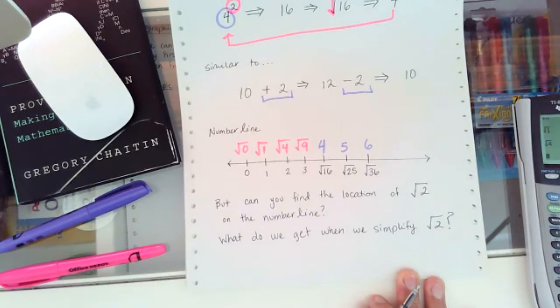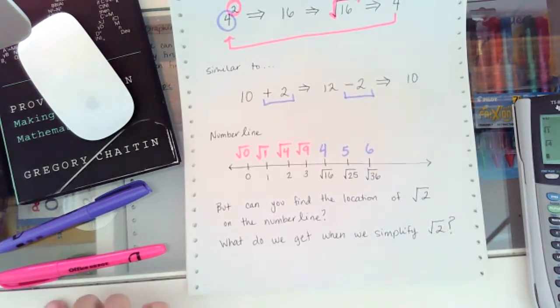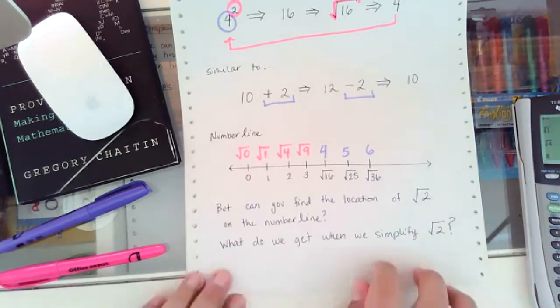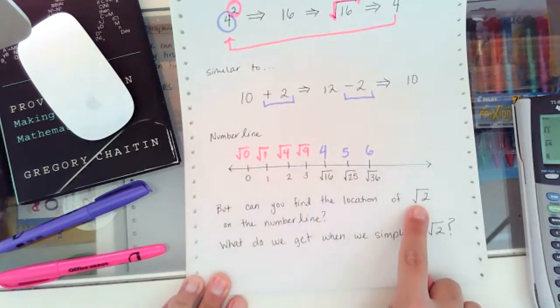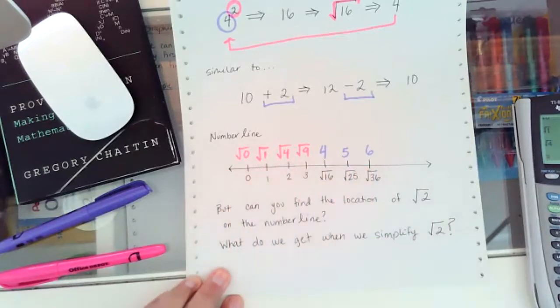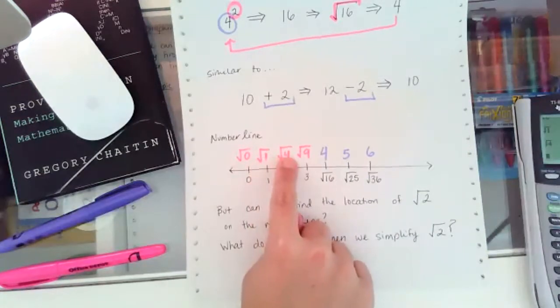Let's just think about that for a second. Well, does anybody know on this number line where the square root of 2 would be, like figure out a place where it most likely would go? Between the 1 and 2? Between the root of 1 and 4. Yeah, it would be somewhere here, right?